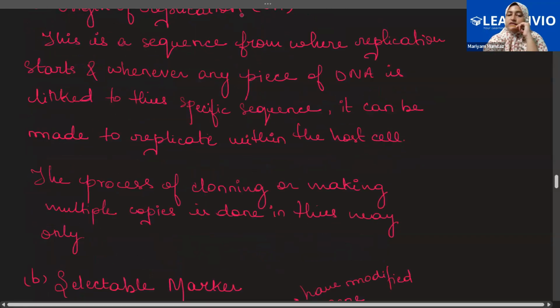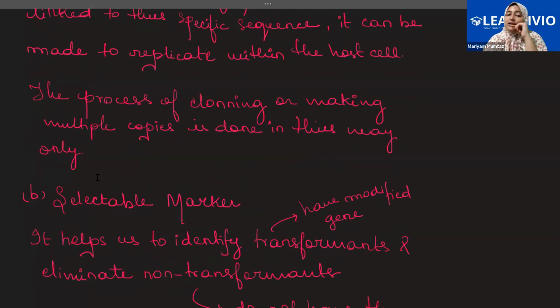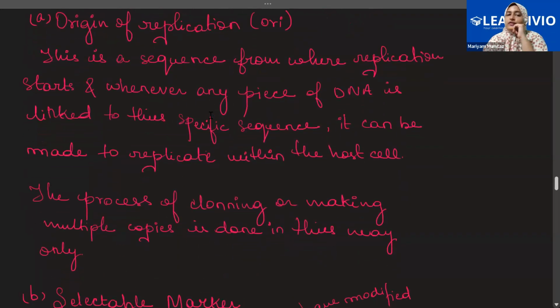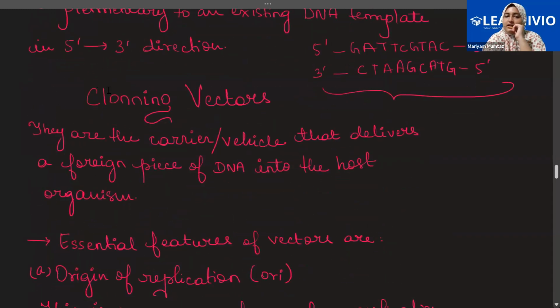Now the process of making multiple copies is what we call cloning. And what is the heading of our study? It is cloning vector. It won't have a double N. It is just cloning vector.